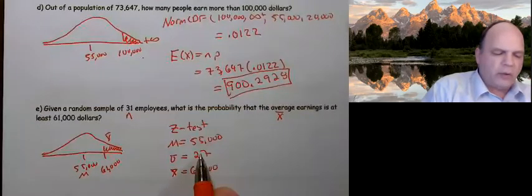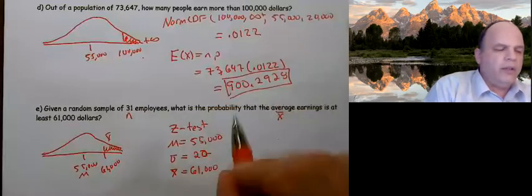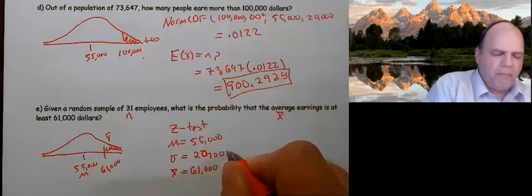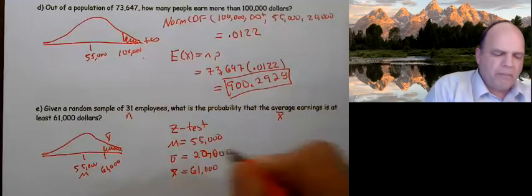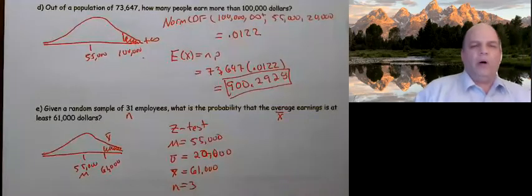Excuse me, this is not correct. This is $20,000. We're still working with that $20,000 problem. Sorry about that. The next thing is our X bar, which in this case is 61,000, and we have an N of 31.